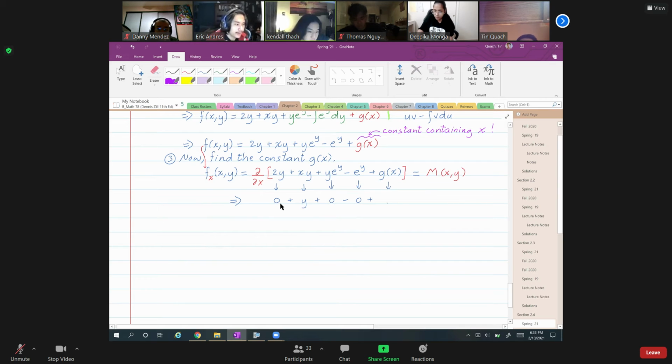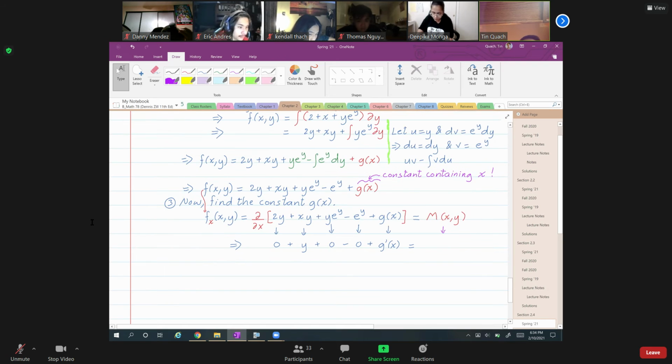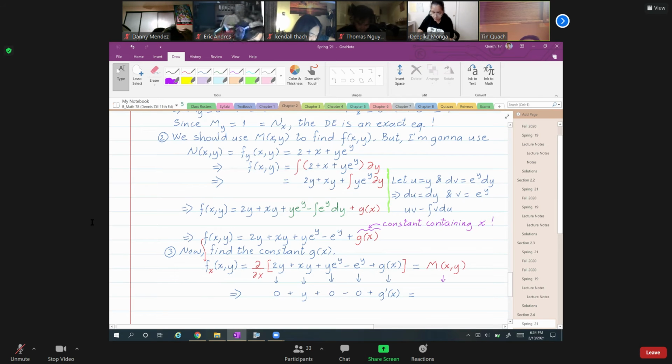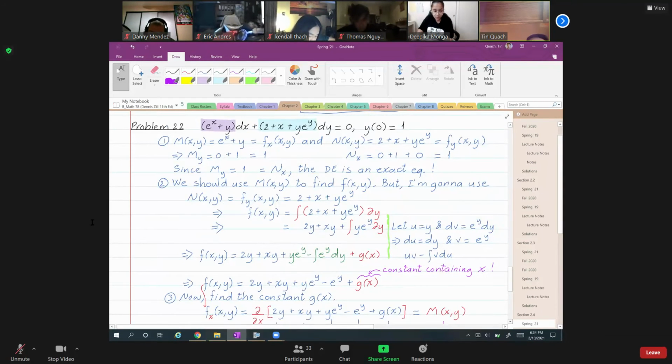G prime of x. Now we'll just write the regular derivative because it's just a function of x. It doesn't have y in there, so you don't use partial derivative, okay? And on the right-hand side, what is that? E to the x plus y. See, f sub x is e to the x plus y.